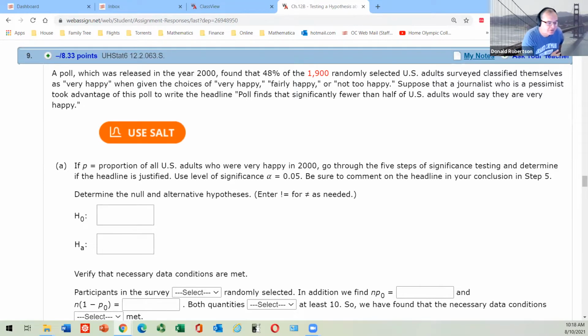We're going to find out if it is in a minute or two. But can you see psychologically, it projects a different feeling to the truth. I mean, 48% is less than 50, but significantly less? No, I would say a little less. Right? I might even say it's almost 50%, which is probably even closer to the truth.